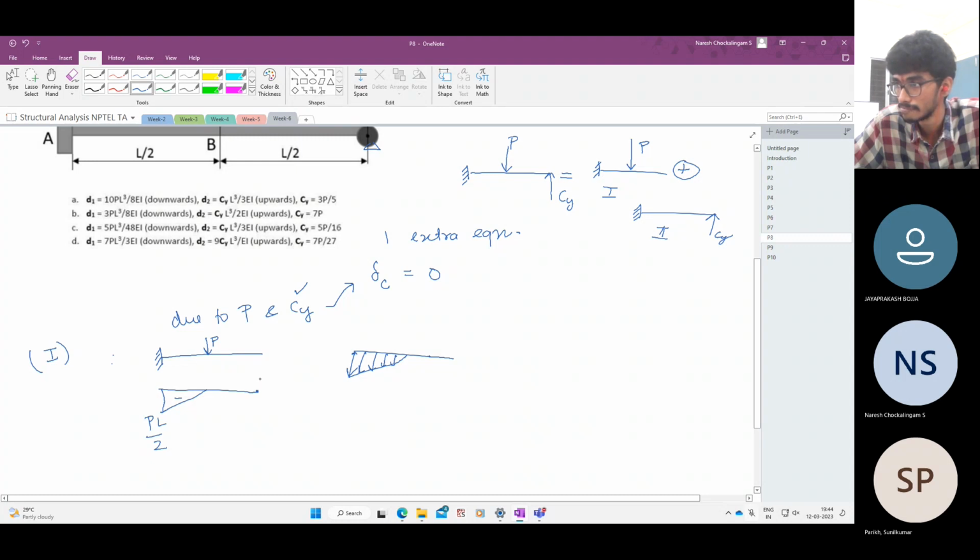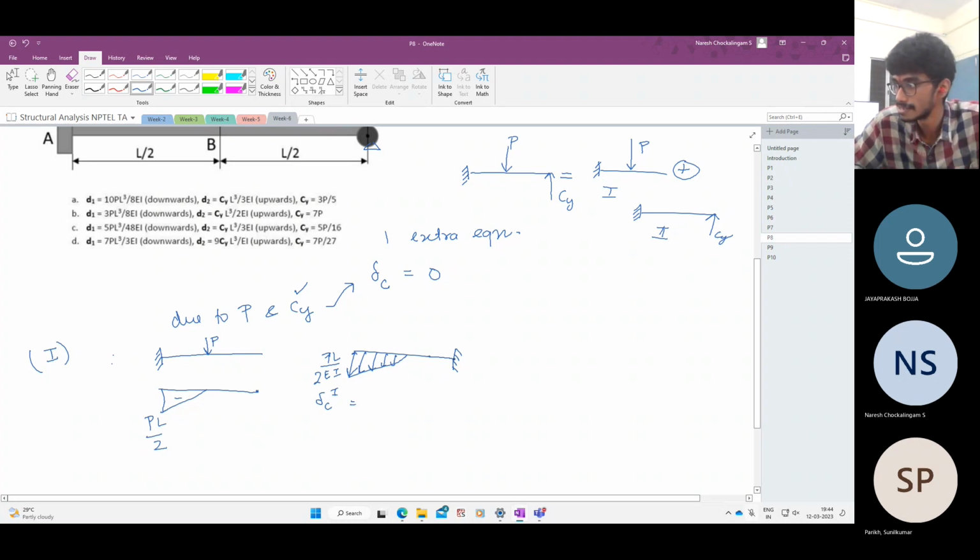And what is non-zero? The displacements and the rotations are non-zero. So on the conjugate beam, the moments and shear force are equal to the displacement in the real beam. So delta C1 is equal to the bending moment induced in this structure due to this loading, which is PL by 2EI.